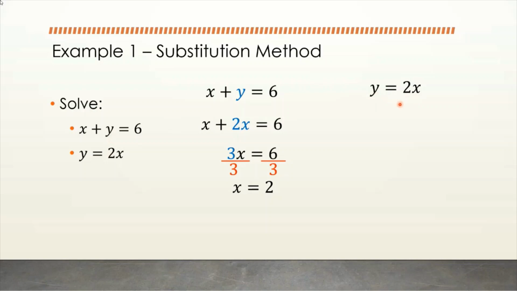So y equals 2x, replace the x with 2. So it's 2 times 2. When a number is right next to a variable, it's multiplication. So y equals 4. And so I found my x, found my y. My solution would be (2, 4).